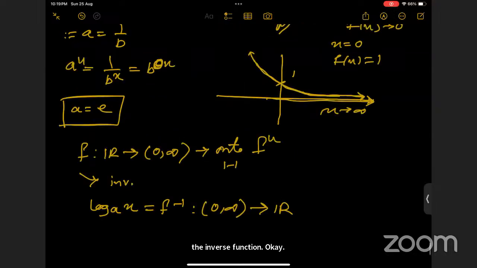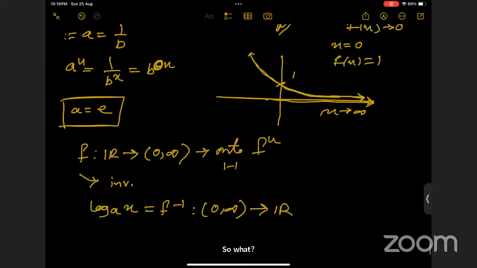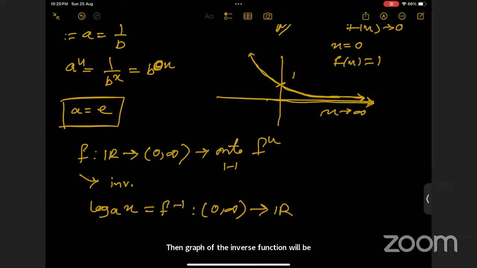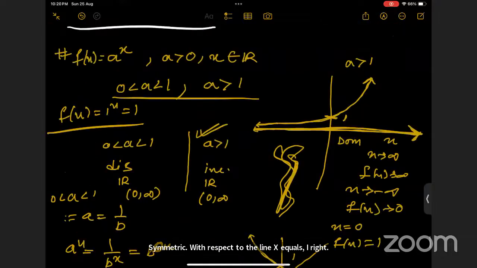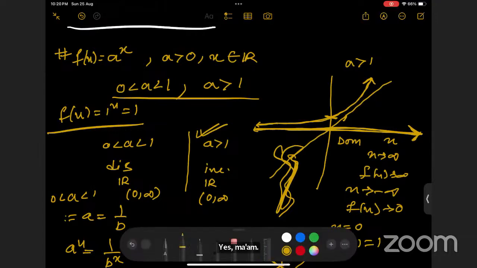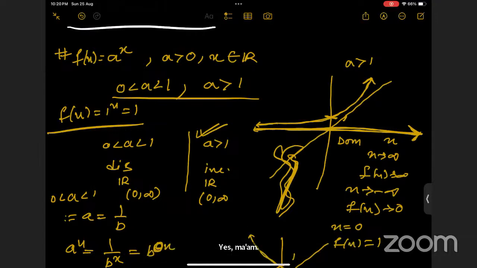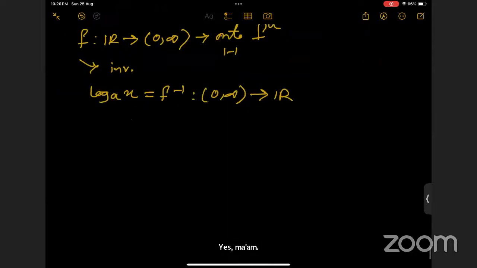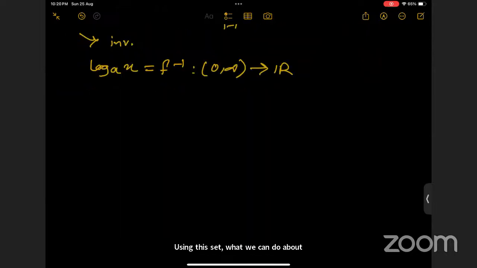So what simple thing we know, if we have a function, then the graph of the inverse function will be symmetric with respect to the line x equals y, right? Correct? That we know, right? Yes, ma'am. So again, using this fact, what can we do about the graph of the logarithmic function when a is greater than 1?